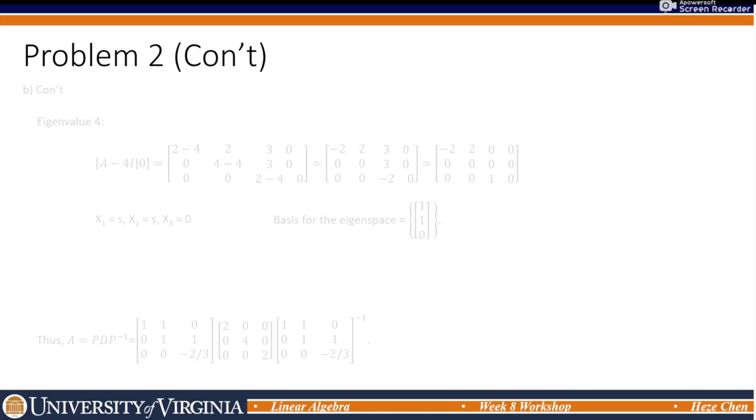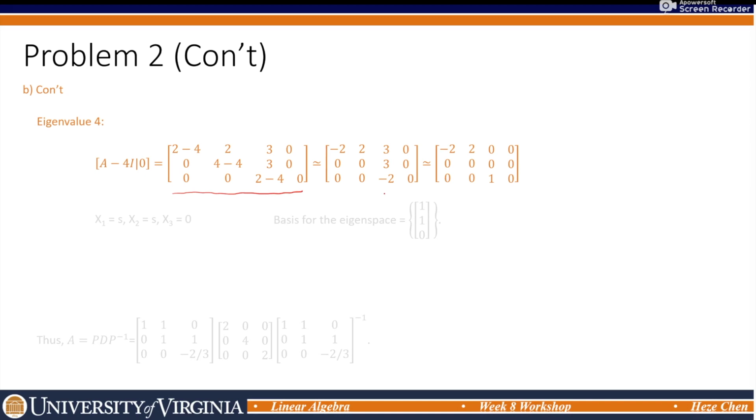Okay, then we will do the eigenvalue 4. So A minus 4 times the identity matrix, where the augmented part is equal to the 0 vector. We will have this 3x3 matrix.